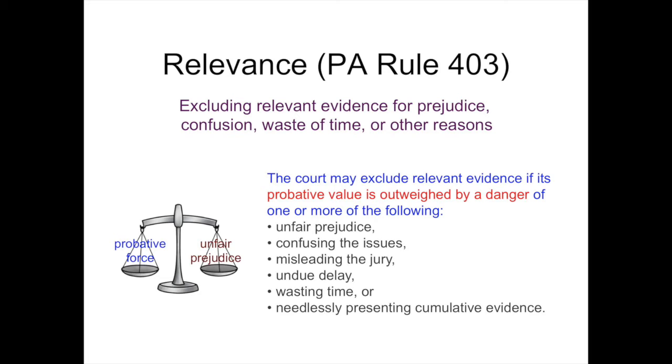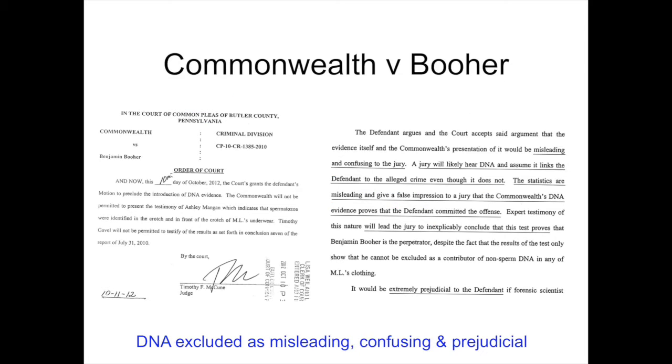So it's an interesting test, and I was actually involved in a case in Butler County with Judge McCune, who ruled DNA inadmissible in a very interesting circumstance based on Rule 403. The way it went like this is that a man was accused of sexually attacking a woman in a house, and the evidence that was brought forward was 2 types of DNA.